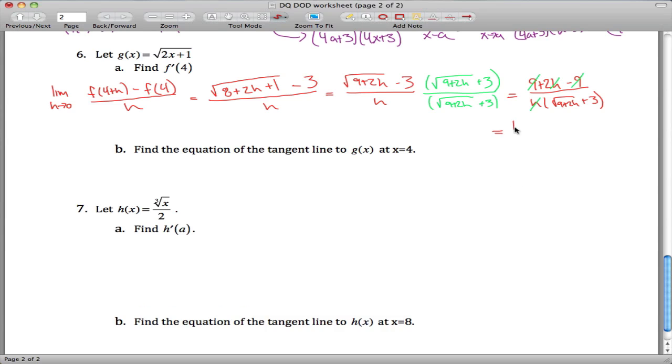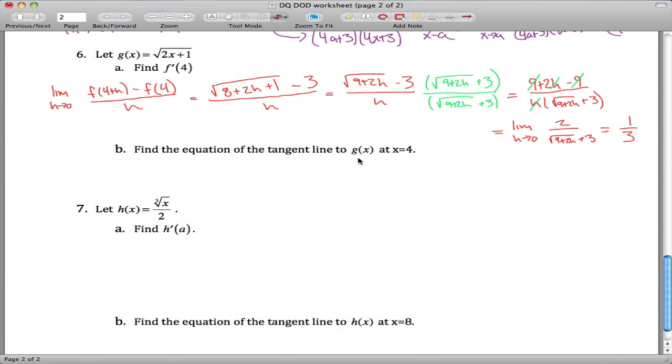Is the limit as h approaches 0 of 2 divided by the square root of 9 plus 2h plus 3. H goes to 0, that's just 9 plus 0. Square root of 9 is 3. 3 plus 3 is 6. So that's 2/6, in other words, 1/3. So f prime of 4 is just 1/3.